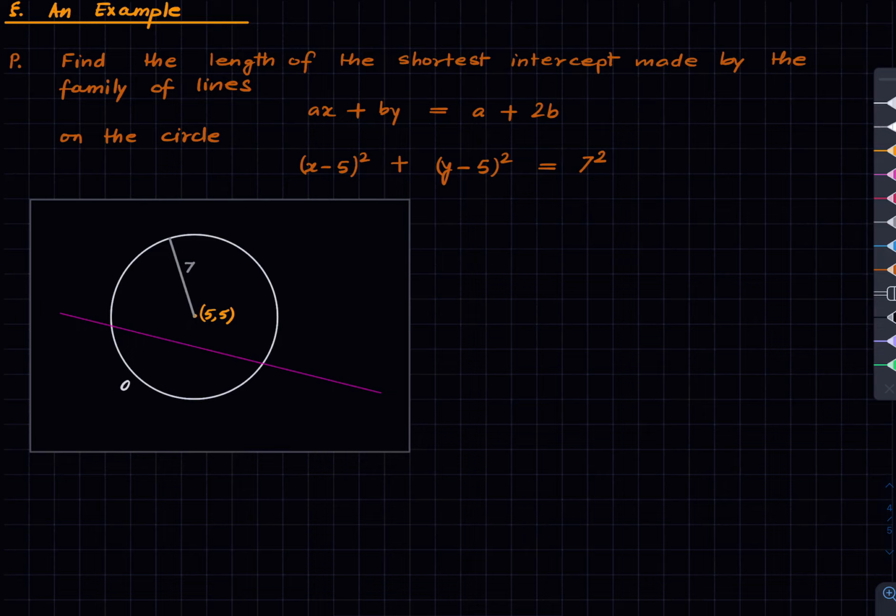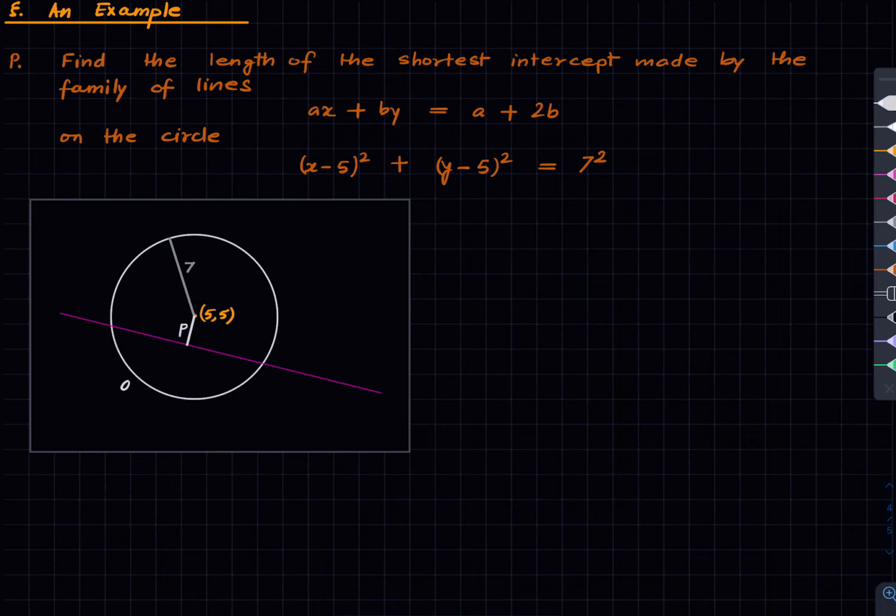So what is the distance between this guy and the center? As we just learned, let's call the distance P, and this line is some arbitrary line coming from A and B.